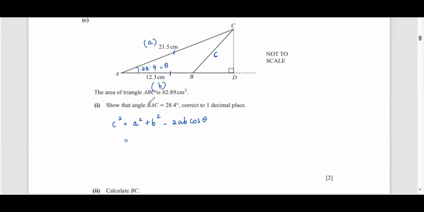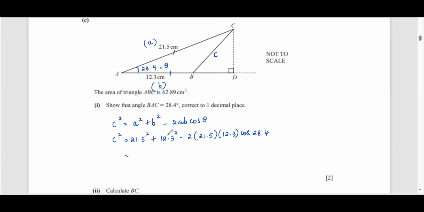So here A is 21.5, so 21.5 square plus B is 12.3, so 12.3 square minus 2 into 21.5 into 12.3 into cos 28.4. Going to put this entire thing directly into my calculator.